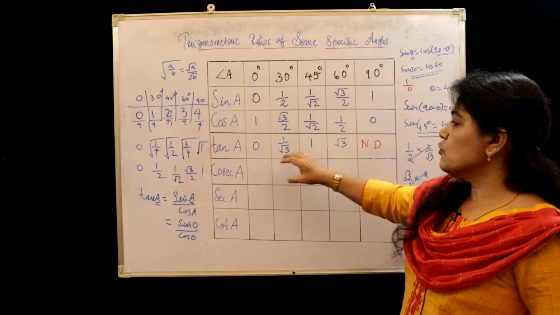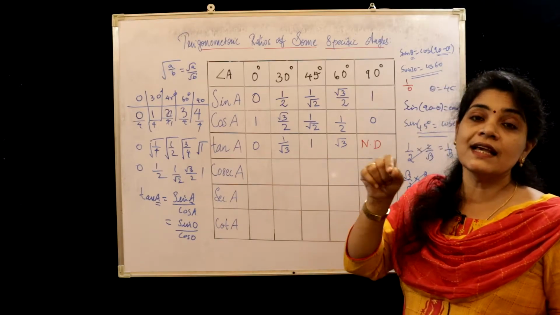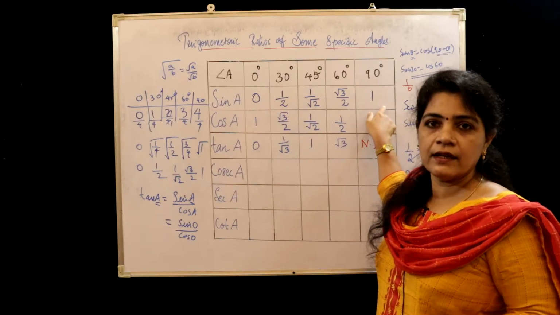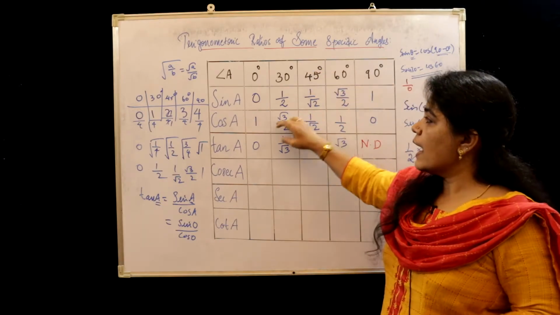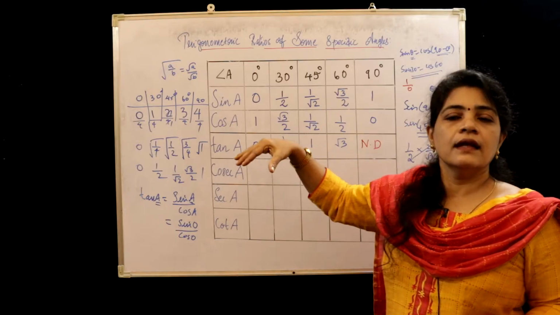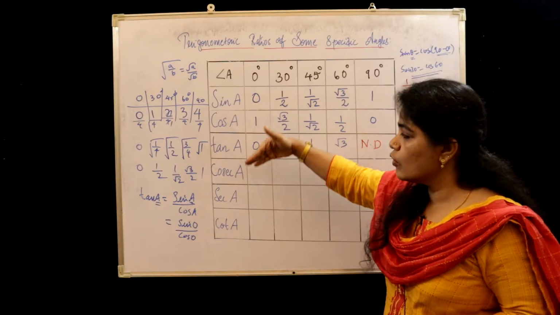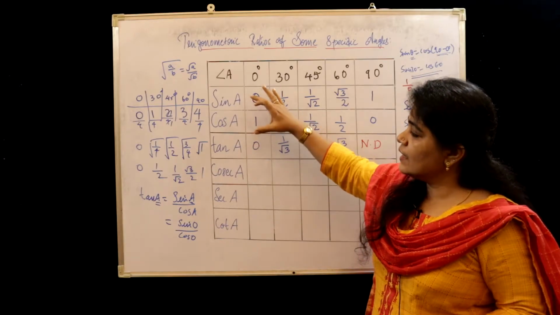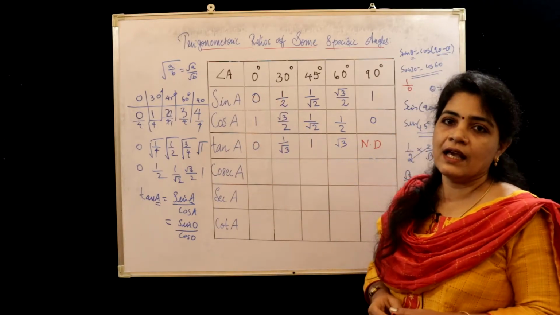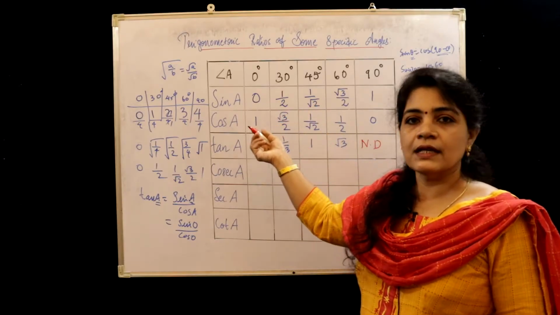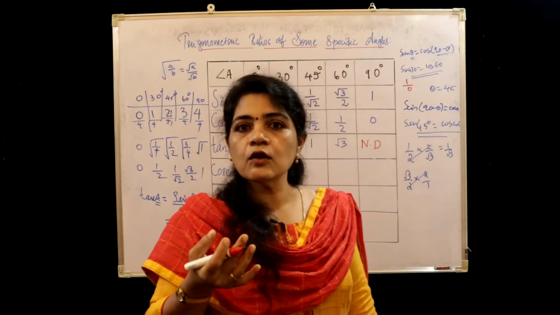Okay, now we can fill the fourth column, cosec A. We now have the values of sin, cos and tan for these 5 angles, and we know the remaining 3 ratios are the reciprocals, in order. Sin A, its reciprocal is cosec A. What is sin A? Sin A is 0, which you can write as 0 by 1.